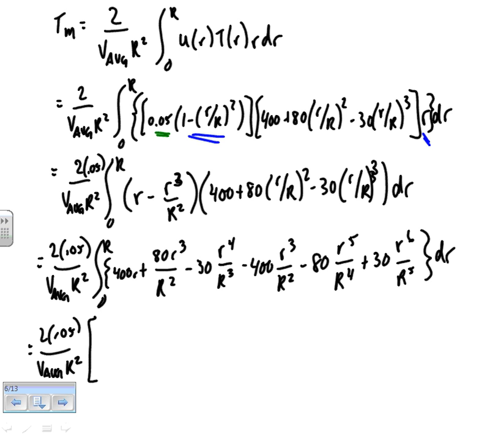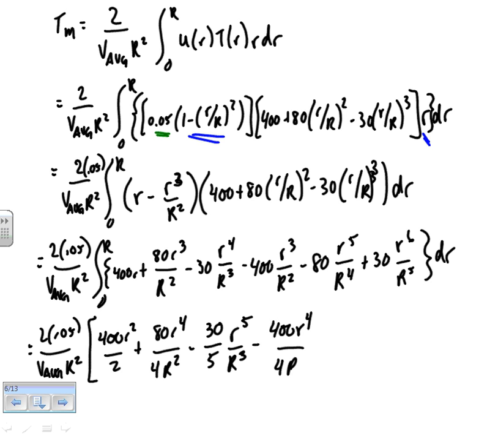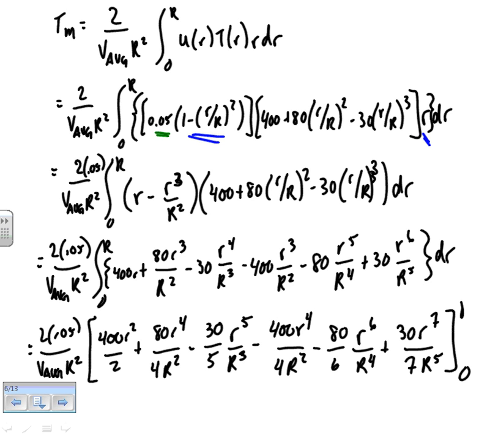Well, the integral of 400R is 400 times R squared over 2, plus the next term becomes 80 R to the 4 over 4 cap R squared, minus 30 over 5 R to the 5 over cap R cubed, minus 400 R to the 4 over 4 times cap R squared, minus 80 over 6 times R to the 6 over cap R to the 4, plus finally 30 times R to the 7 over 7 times cap R to the 5, evaluated between 0 and cap R.